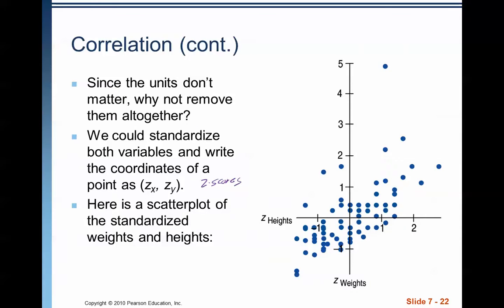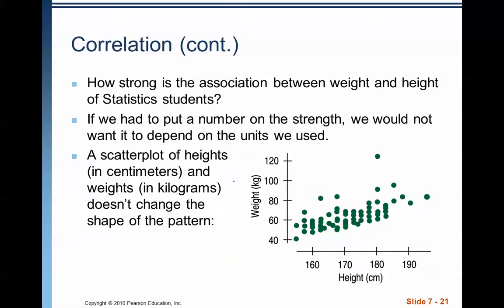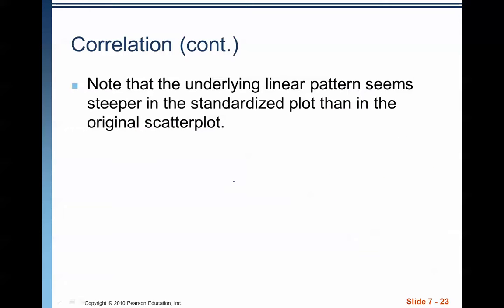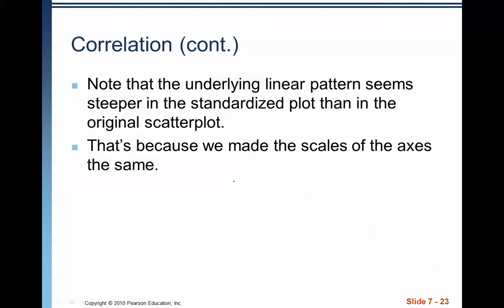You can kind of see that shape in there. As it turns out, the only reason why that shape is different is because the pattern looks steeper, because we had to change the scale of the axes, because it was now 1, 2, 3 instead of the 85, 86, 87, etc. that we had out there.